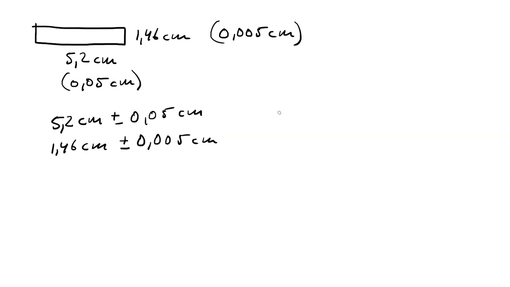Now we want to estimate the area. So let us first see what could be the smallest possible value we could have of the area. Then we take 5.2 and then we take minus this one.